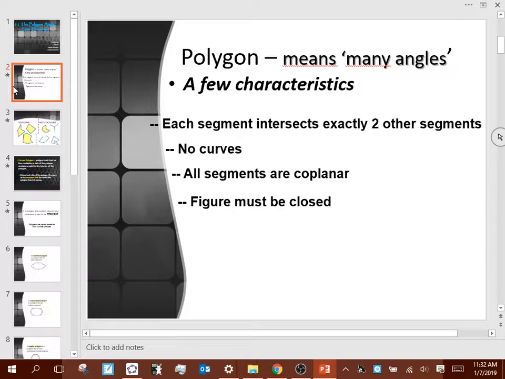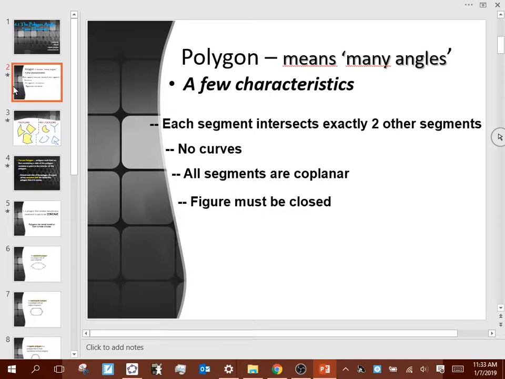I'll draw you pictures in a little bit of what polygons look like. There are no curves, no circular portions. Like I said, all segments are coplanar. That basically means they're all two-dimensional, meaning nothing is coming at you or going away from you.